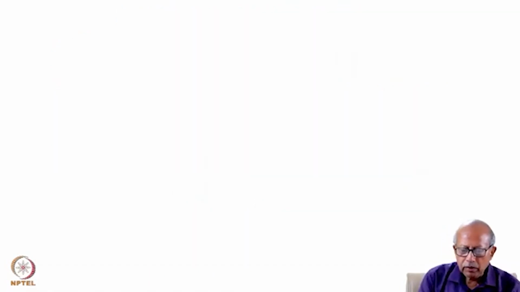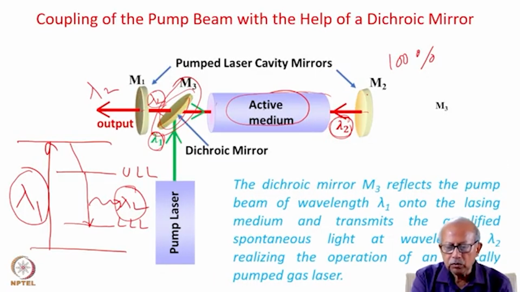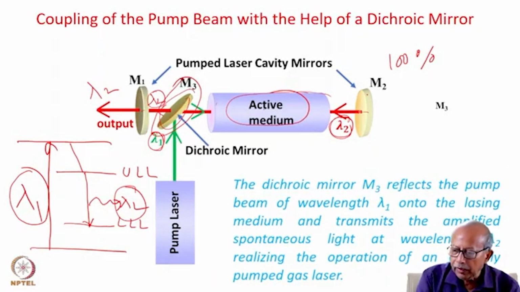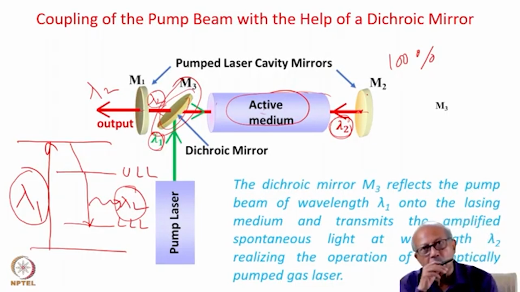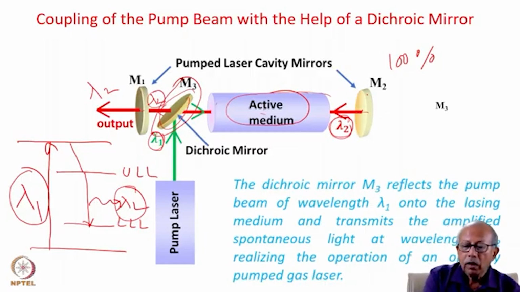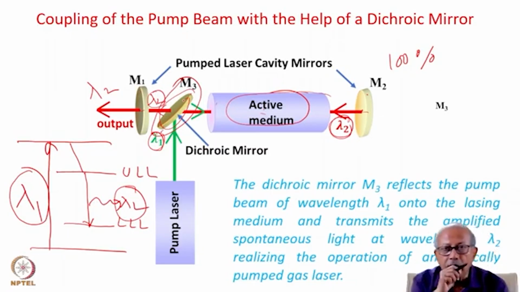Now let us return back to this. So this is the cavity into which all these nodal and antinodal planes have been formed. Now you have to place the dichroic mirror somewhere in the cavity.